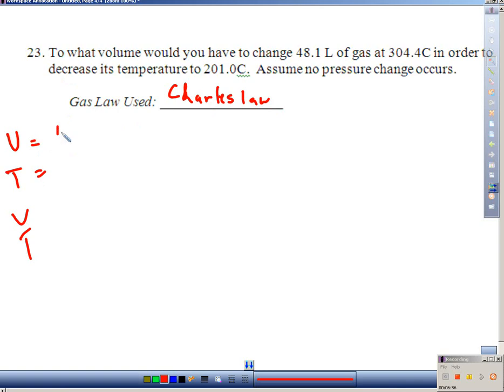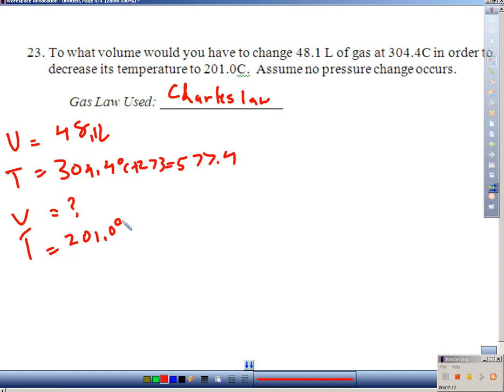V1 is 48.1 liters. T1 is 304.4 degrees C plus 273 equals 577.4. V2 is what we're looking for. T2 is 201.0 degrees C plus 273 equals 474. Okay. So then it's V1 over T1 equals V2 over T2.